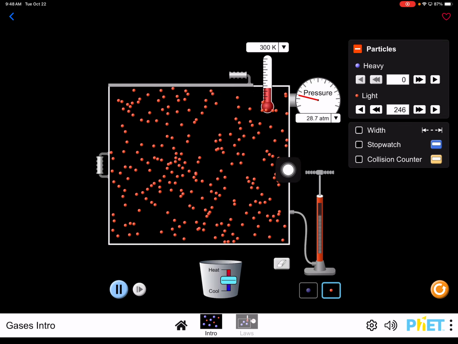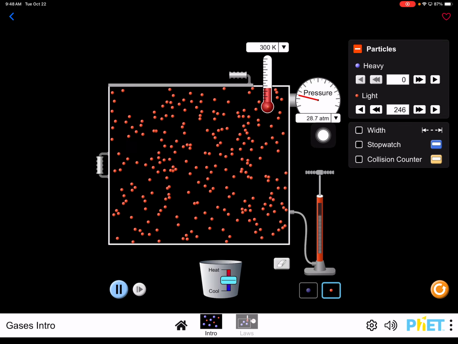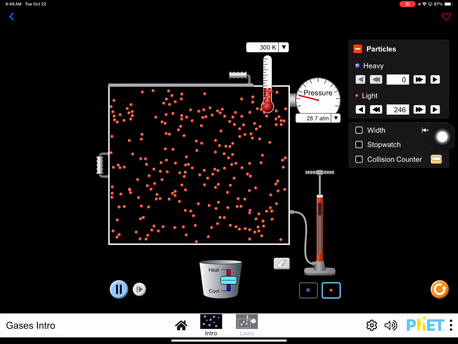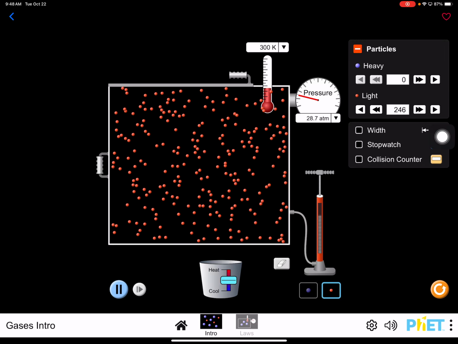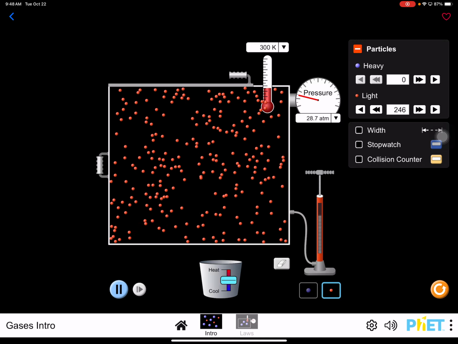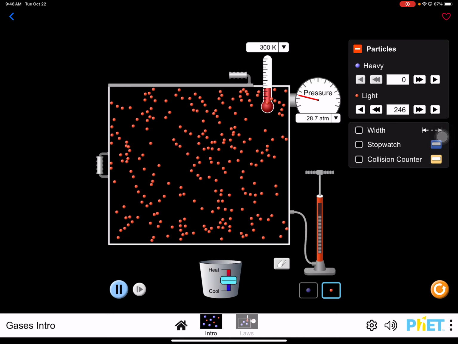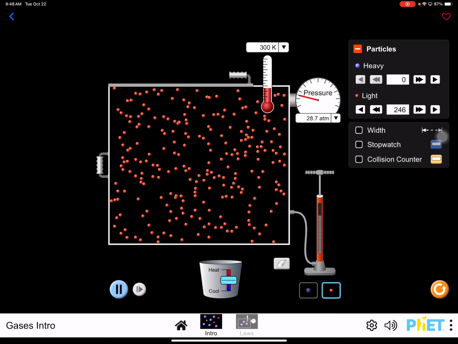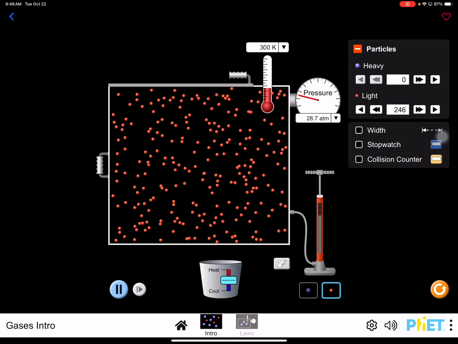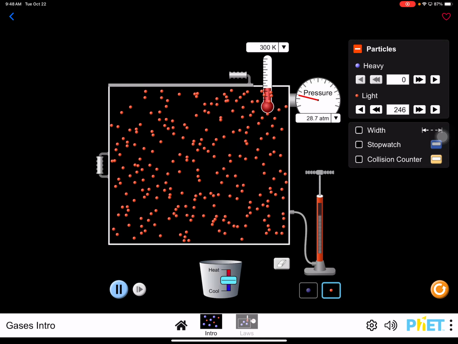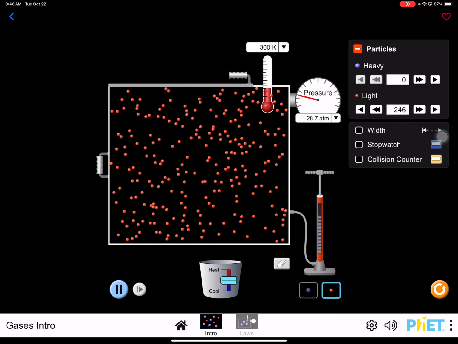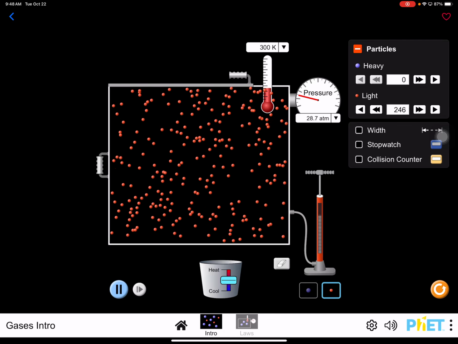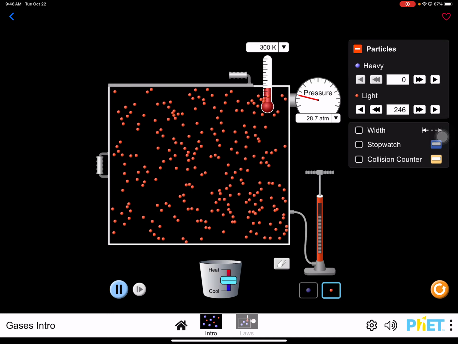So 1 atmosphere is 15 psi. 30 atmospheres would be 450 psi. 30 atmospheres on 1 square inch, you would have a force of 450 pounds. That's the weight of 3 people. Okay, that's an enormous pressure.